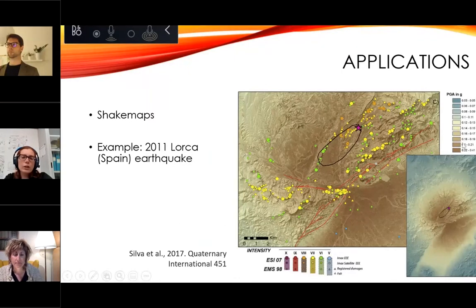So the result is very similar to the classic ShakeMaps, for instance, produced by the USGS, but the difference is that here they refer only to environmental effects, so they can also compare intensity with the PGA, so with the parameters or metrics which may have an engineering importance.